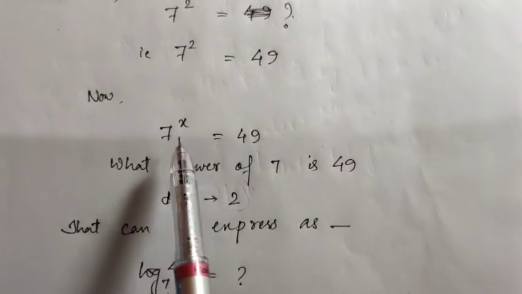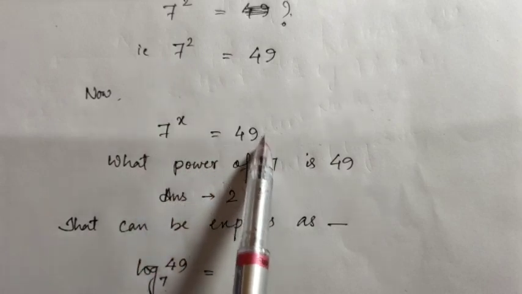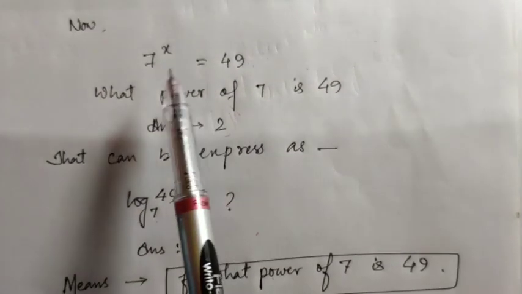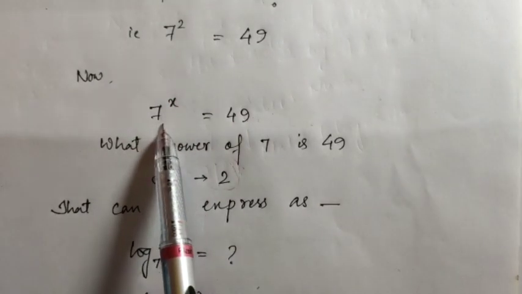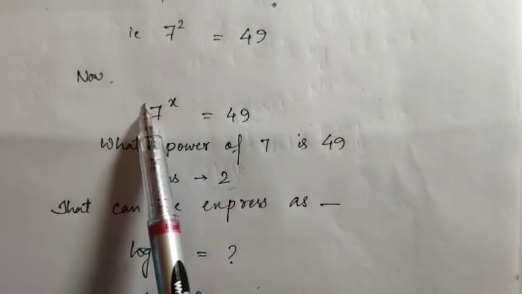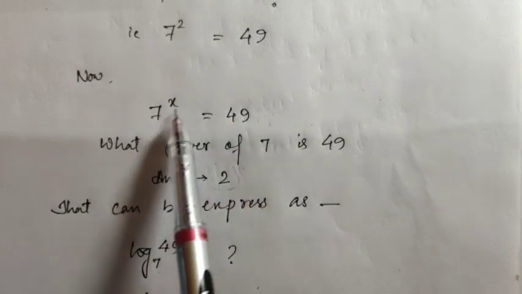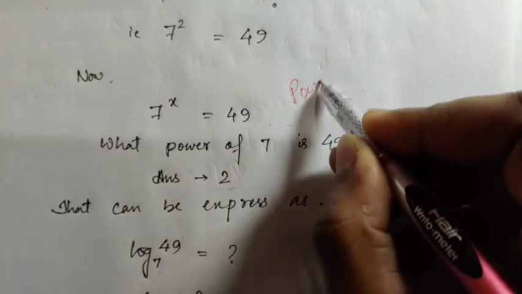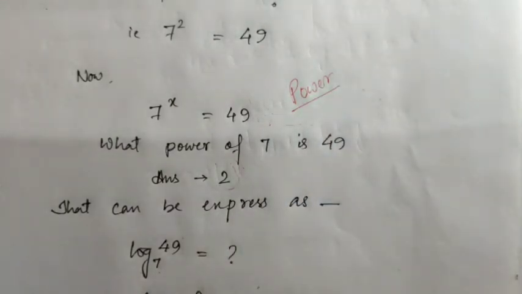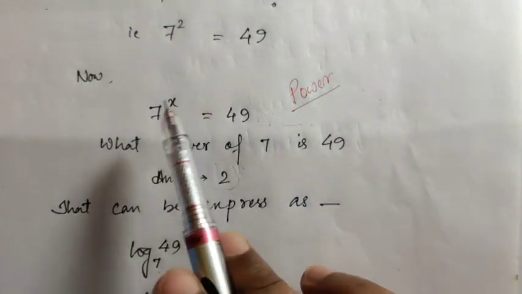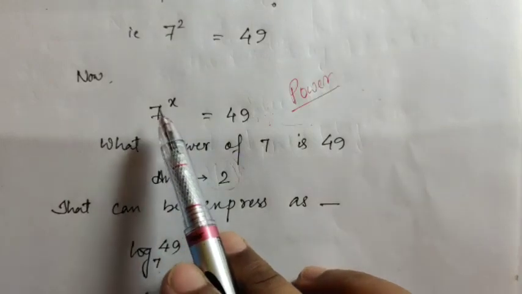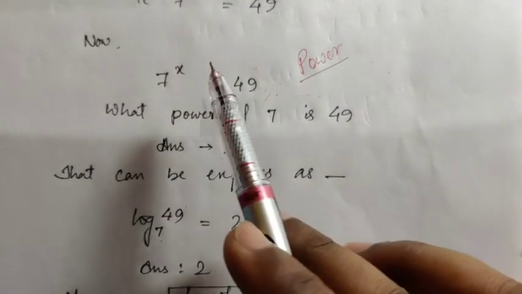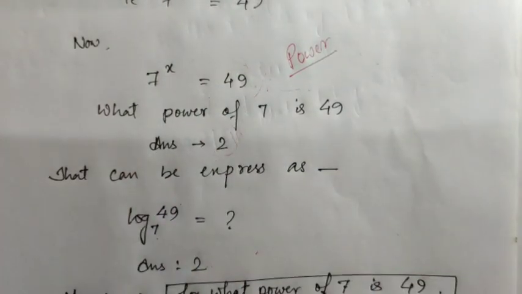And now if I ask this exponential form in this way, what is the power of 7 so that we get 49? So this way of focusing on the word power, what is the power of 7 so that we get 49, this way of expressing an exponential is called logarithm.